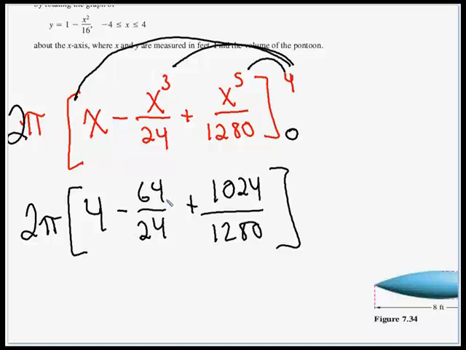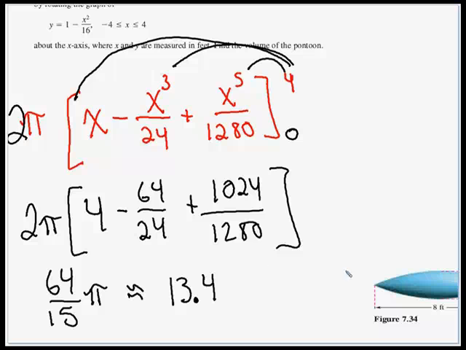And there's our evaluation. We just have to get a common denominator, fix our numerators, work all that, times it by 2 pi, and as a fraction, you'll get 64/15 pi, which is approximately 13.4.